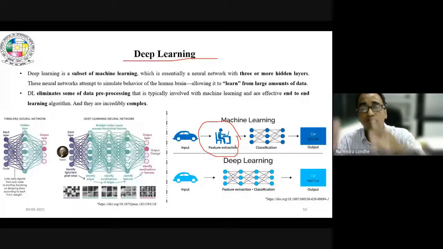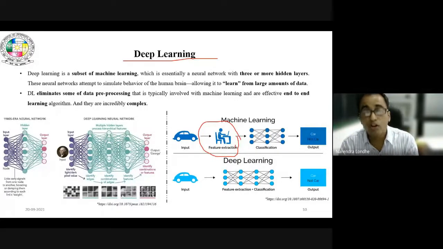A huge amount of feature engineering is involved: from whatever input data is there, you have to first extract the useful, dominant features. And that feature engineering itself captures a lot of attention; a lot of expertise and experience is required.